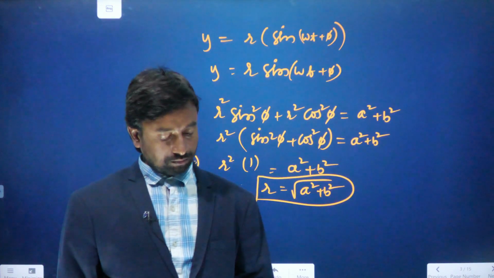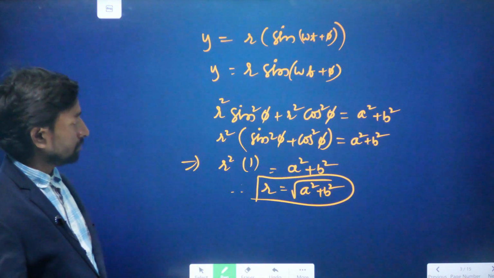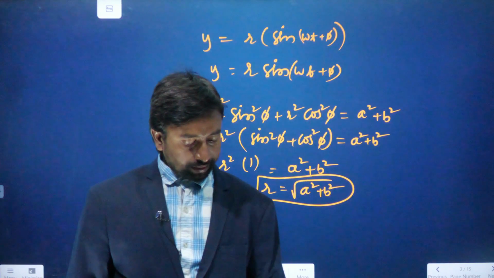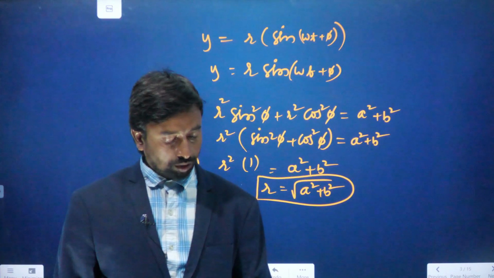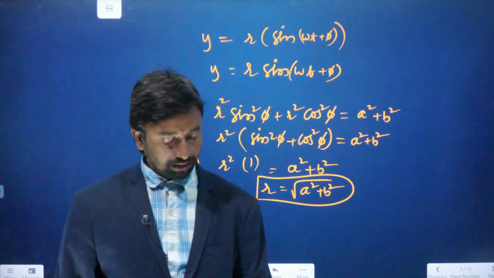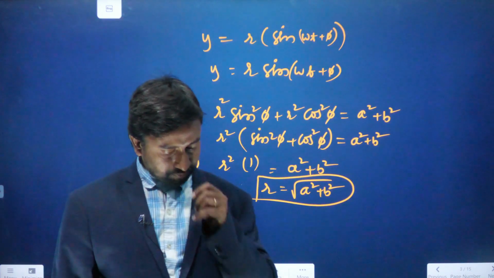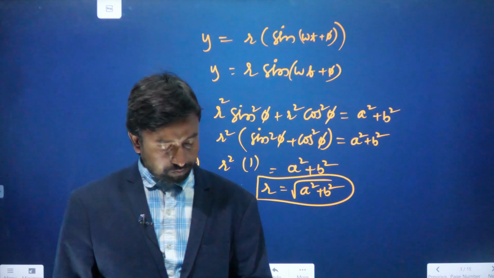So the third one: two linear simple harmonic motions of equal amplitude and frequency are imposed on a particle along x and y axis respectively. The initial phase difference between them is pi by 2.